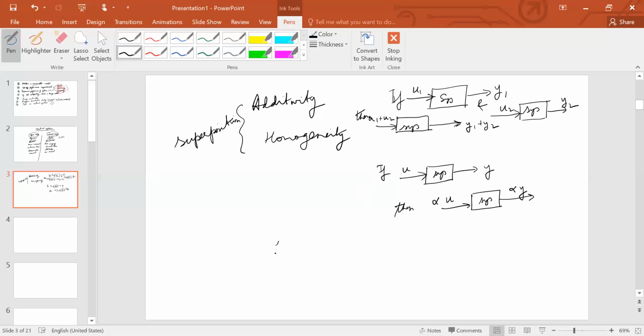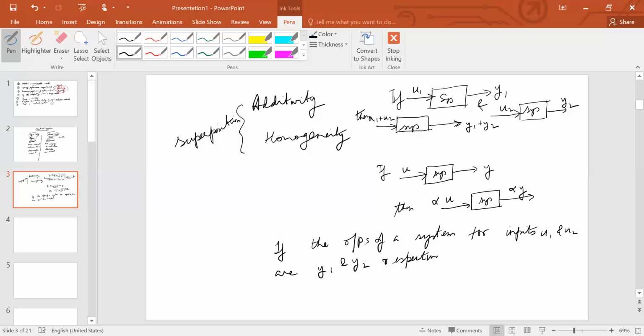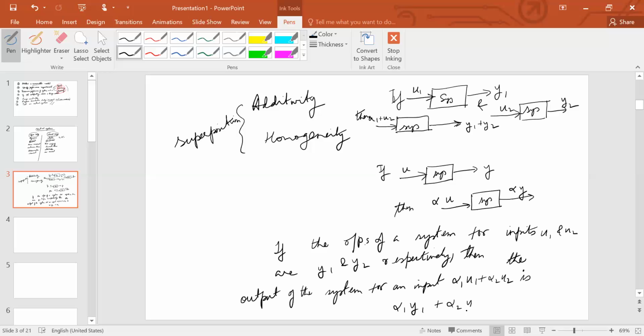So together we say that if the outputs of a system for inputs U1 and U2 are Y1 and Y2 respectively, then the output of the system for an input alpha 1 U1 plus alpha 2 U2 is alpha 1 Y1 plus alpha 2 Y2.